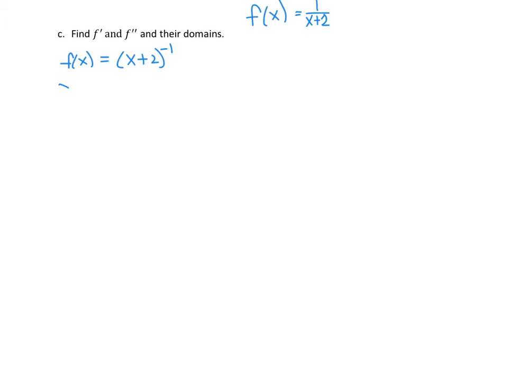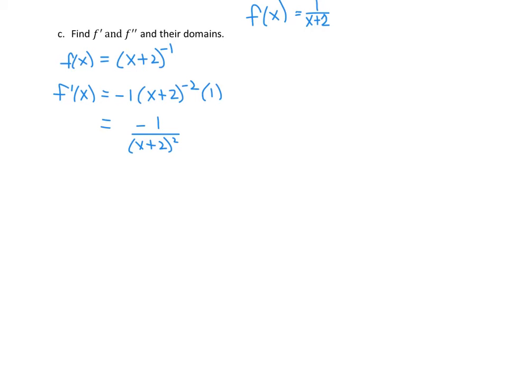So to find the first derivative, f prime of x, bring the negative 1 out in front, and then subtract 1 from the exponent, and then take the derivative of the inside function using the chain rule. The derivative of x plus 2, though, is just a 1. Alright, so our first derivative then is negative 1 over (x plus 2) squared.